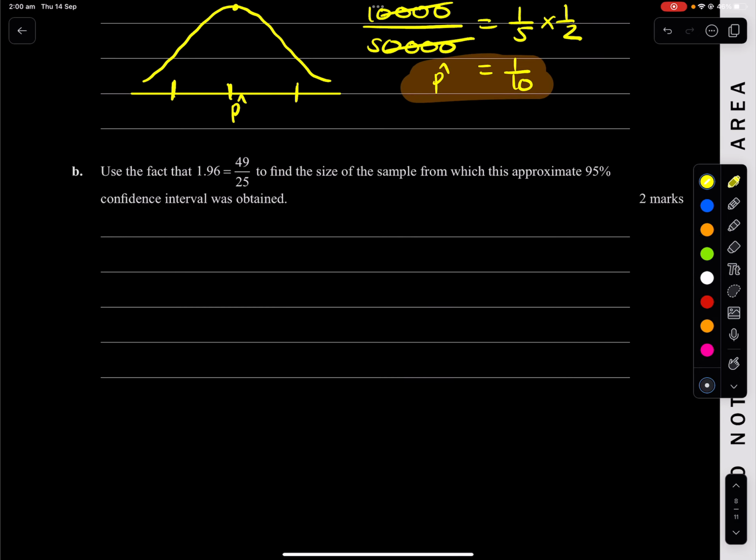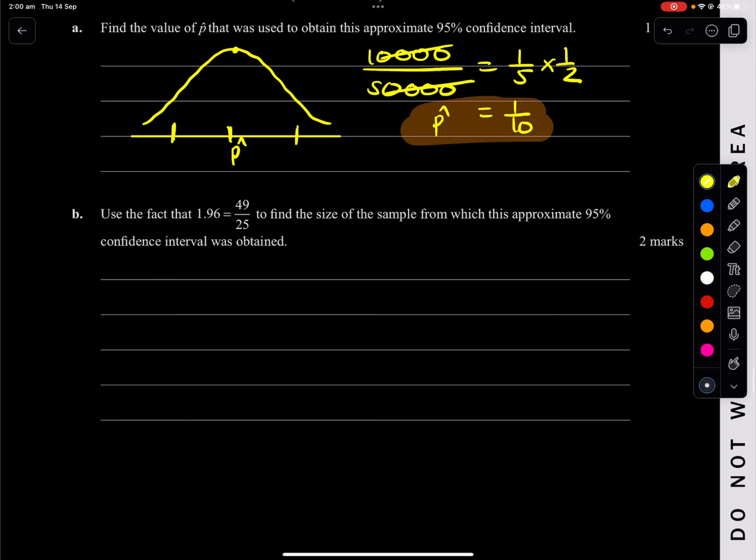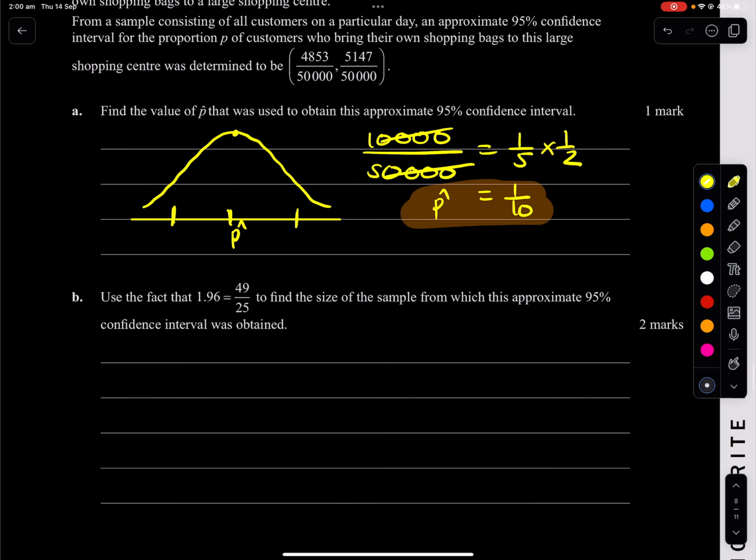Use the fact that 1.96 is 49 over 25 to find the size of the sample for which the approximate 95% confidence interval was obtained.